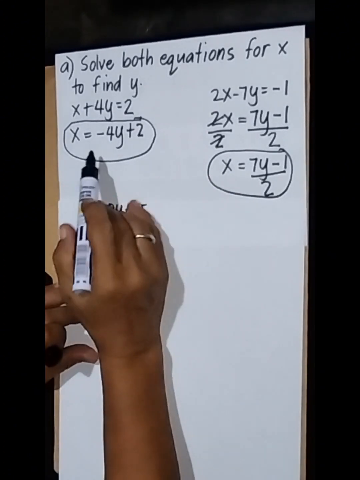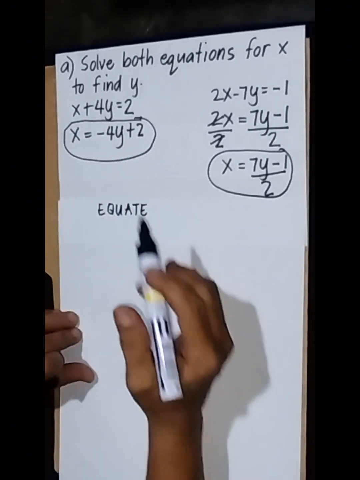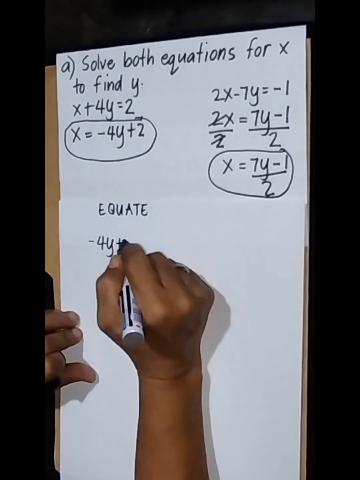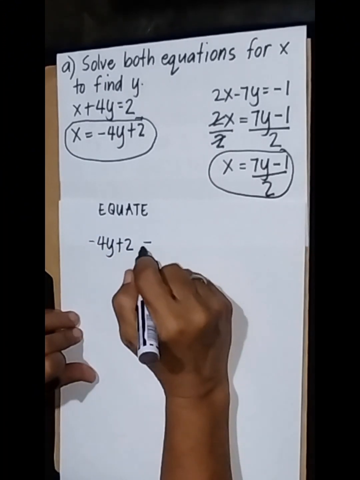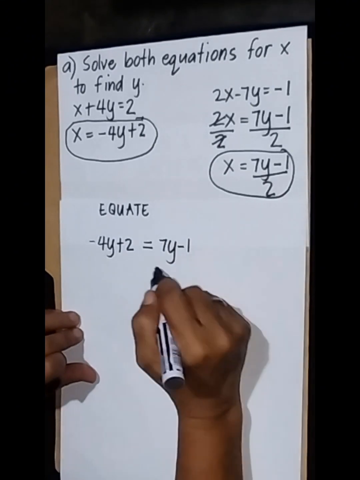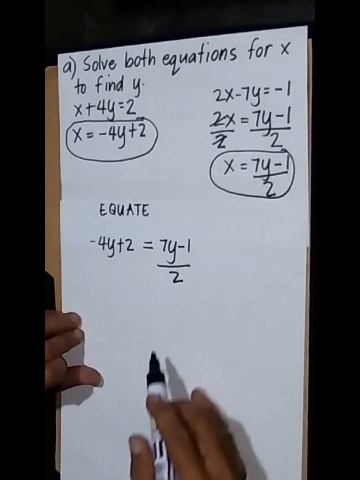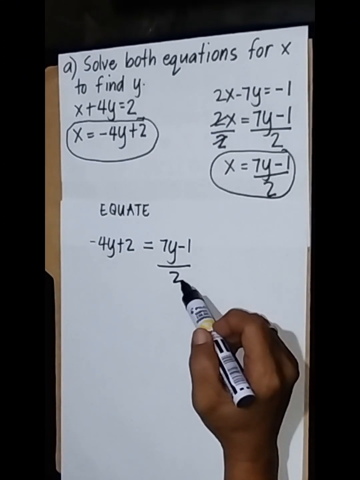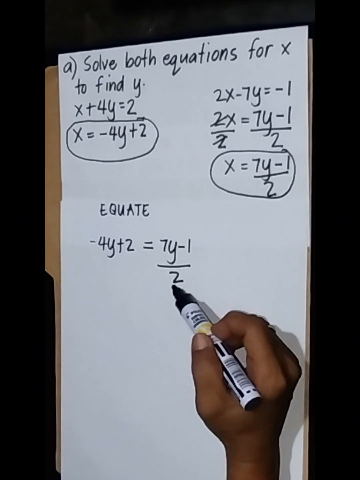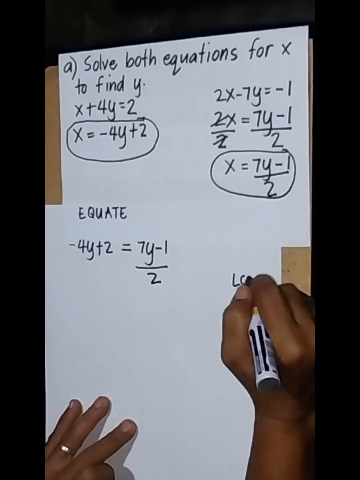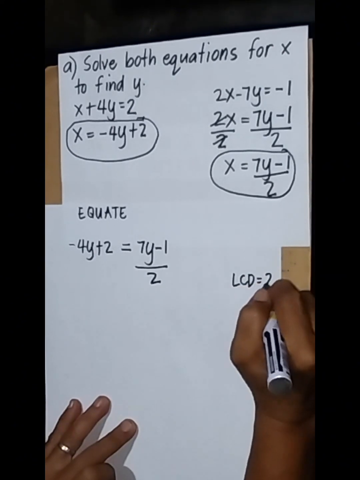So, we have here the value of x: negative 4y plus 2 is equal to 7y minus 1 over 2. So this equation here in the right side is a fraction. So we need to get the LCD. So our LCD is 2.